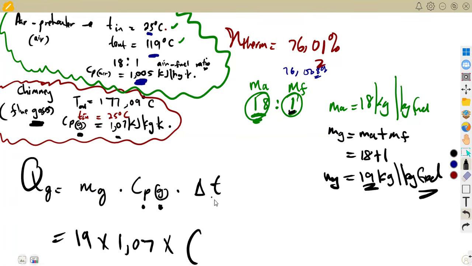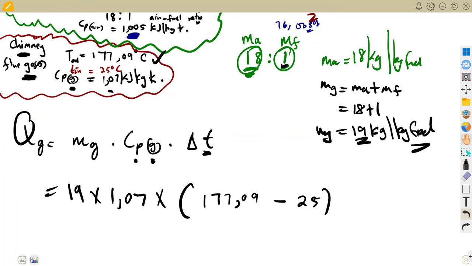So the change in temperature: remember, these are the flue gases at the chimney, and we are given the temperature of the chimney, which is 177.09 degrees Celsius, minus T in, the input, which is 25. So we are using the temperature of the chimney minus the input. That's the change in temperature, just like that.